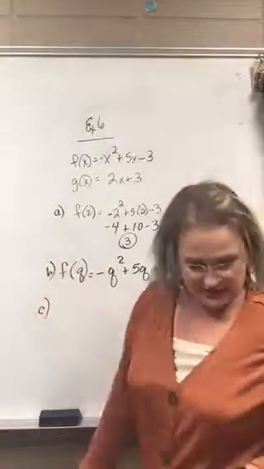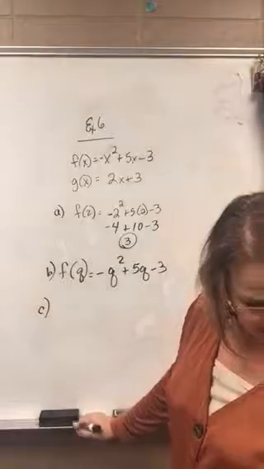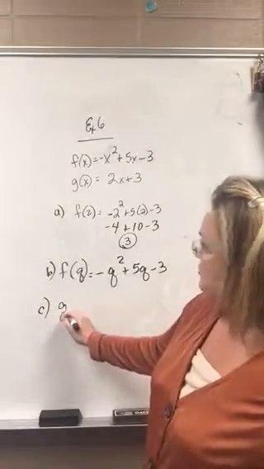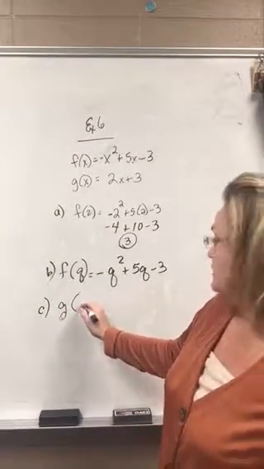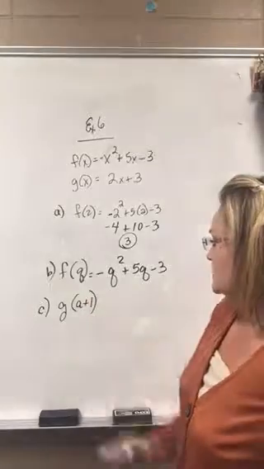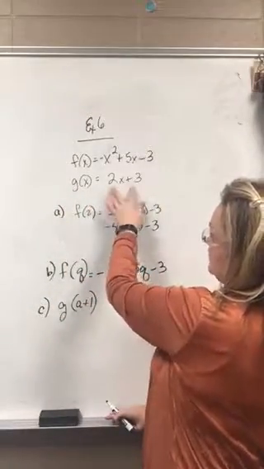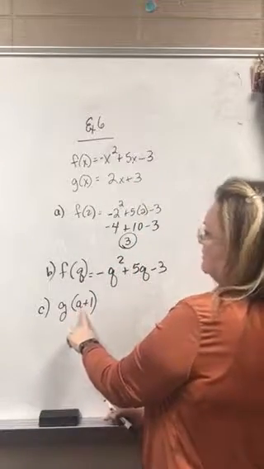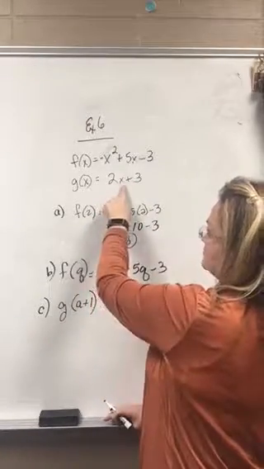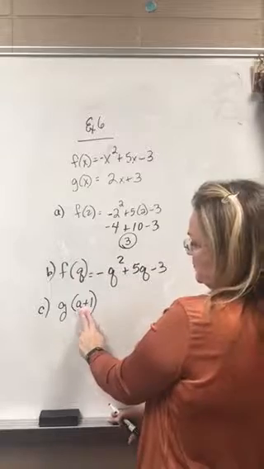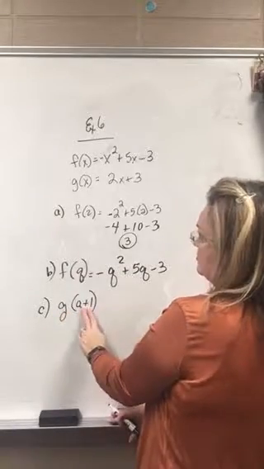Okay, example C. C says do g, so we move to the other one, g of a plus 1. So that means look at function g, which is 2x plus 3, and it says instead of having x, make that an a plus 1. So again, whatever's in this parenthesis, you go to that function and plug that in.